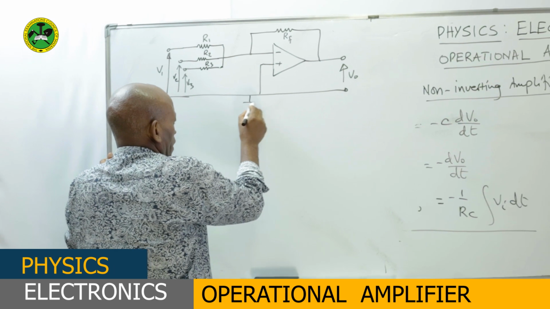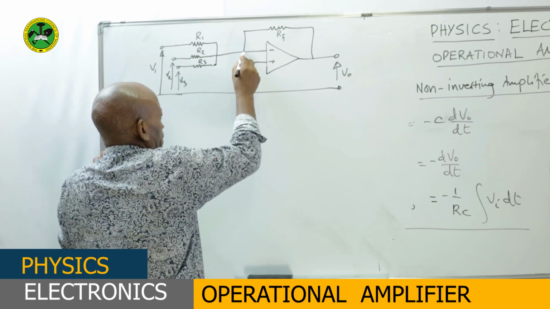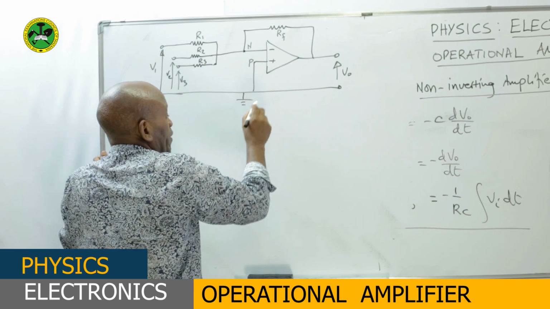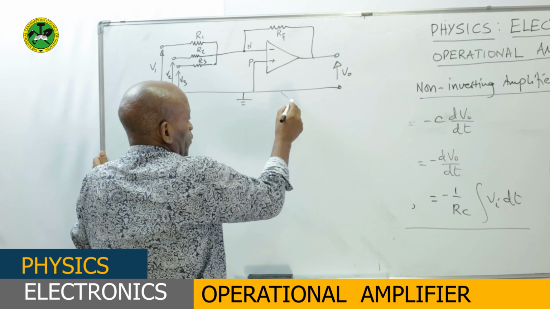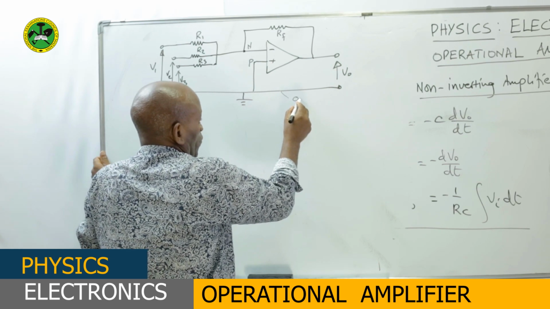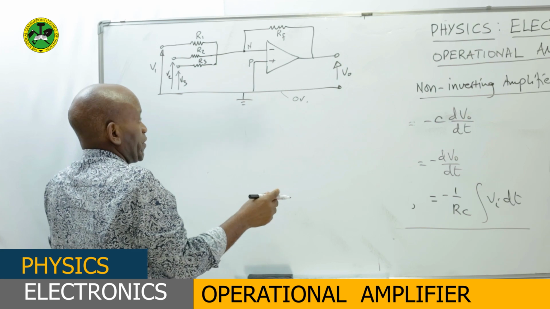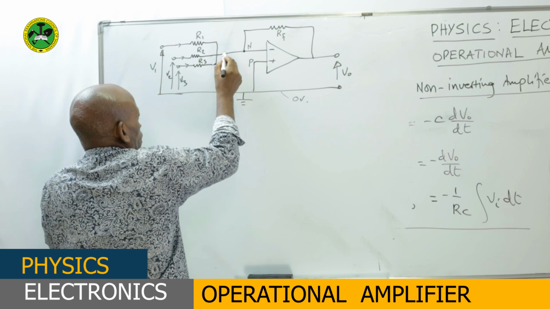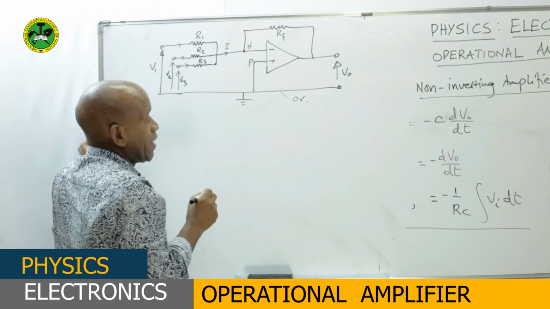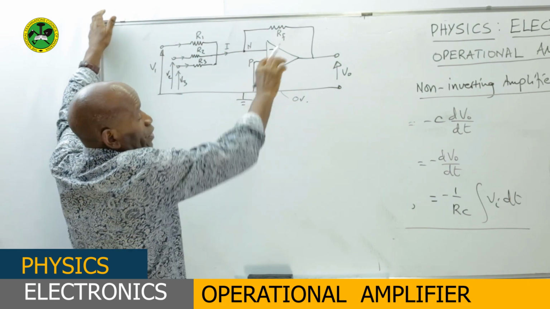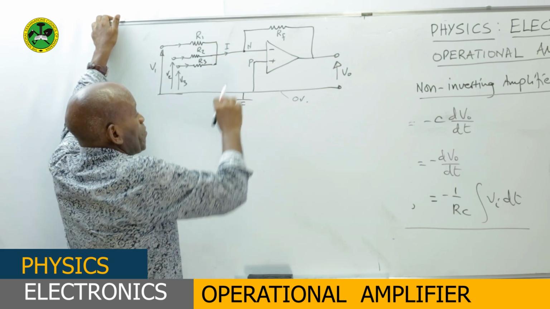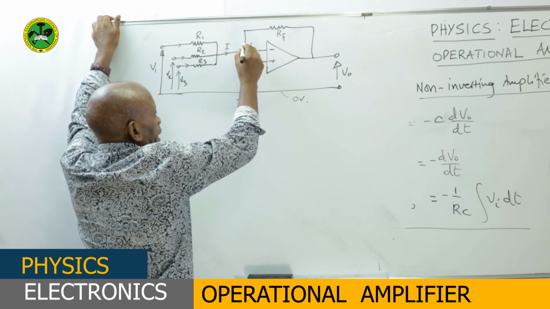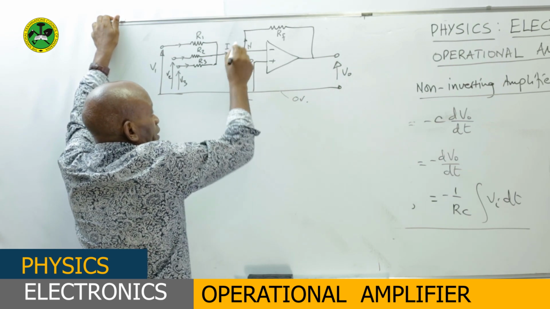Now, as we have already seen previously, the potential at this particular point N and the potential at this particular point P, it is a virtual ground, and that is almost equivalent to a 0 voltage. So the total current which goes through those resistors will sum up to the total current I. And because of the high impedance at the input side of the operation amplifier, most of the current will go to the feedback resistor.